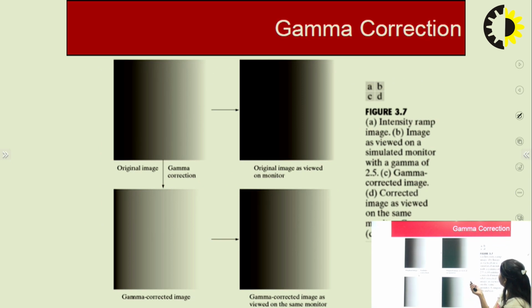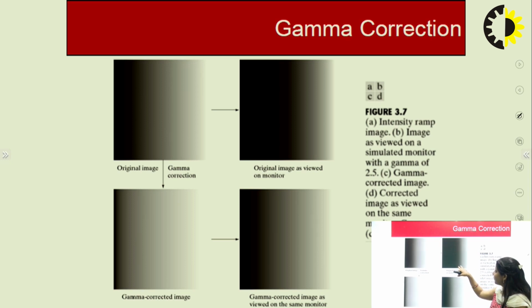Next is gamma correction. This is an example of gamma correction. This is the original image, and this is a very dark image, so we have to dilute the image into some shades of gray level. So we will transform it. The original image as viewed on the monitor, if we transform this image on the monitor, it will get even darker.